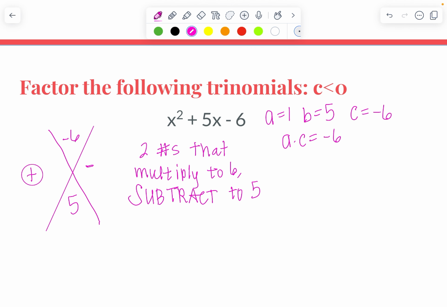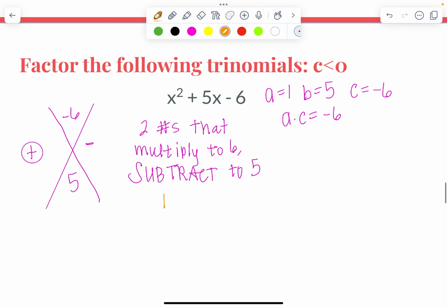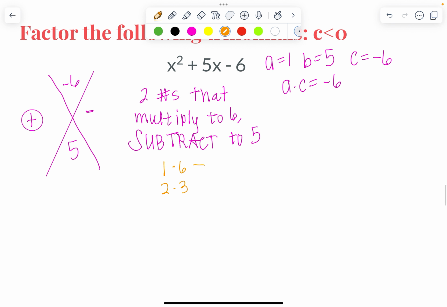So two numbers that multiply to 6 but subtract to 5. Well, the two ways to multiply to 6 are 1 and 6 and 2 and 3. If I do 6 minus 1, I get 5. 3 minus 2 is 1. We said we wanted to subtract to 5.